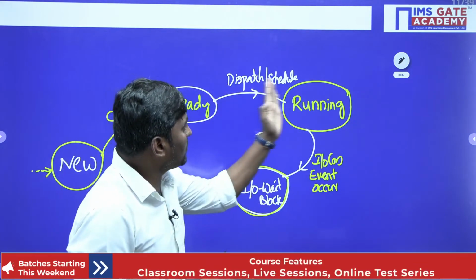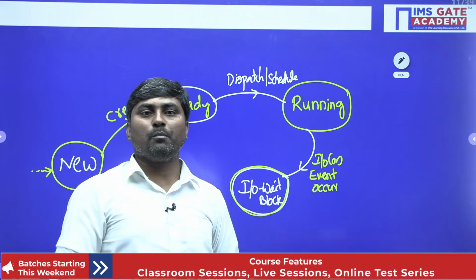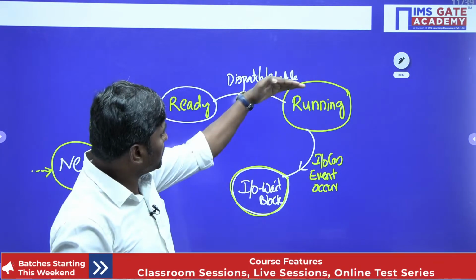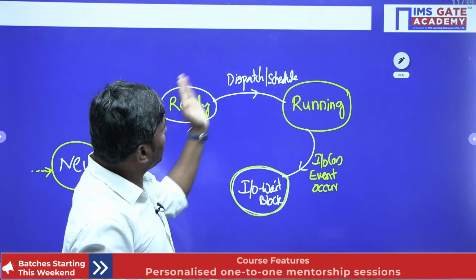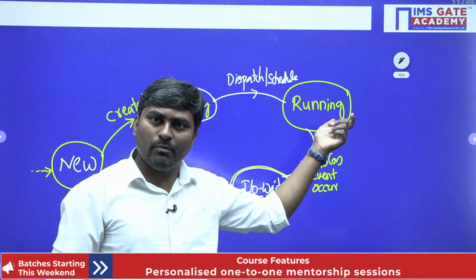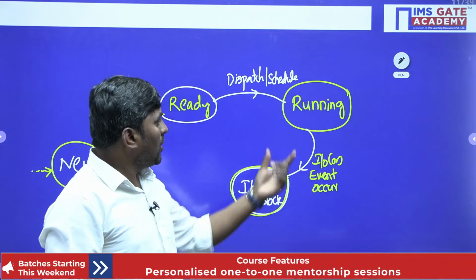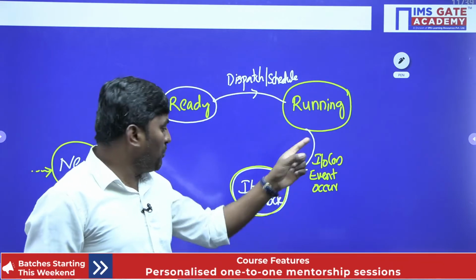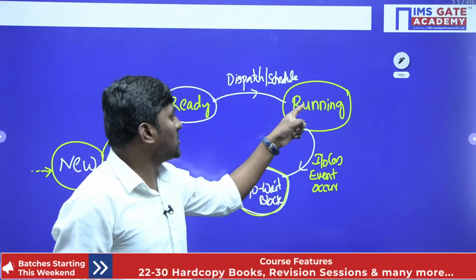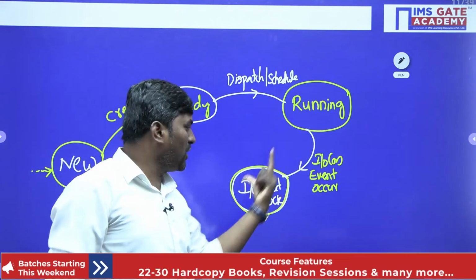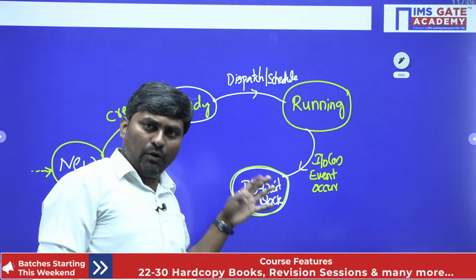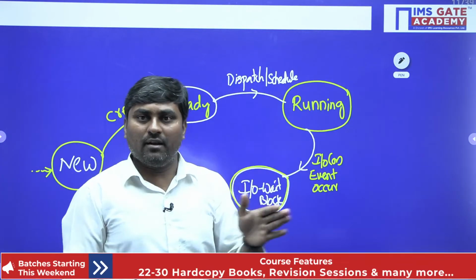Then we schedule another process, because in a multi-program environment, whenever a process moves from running to IO, another process can be scheduled so that the CPU is always busy. One process can do IO activity while another does CPU activity, because both are independent and can be done in parallel.